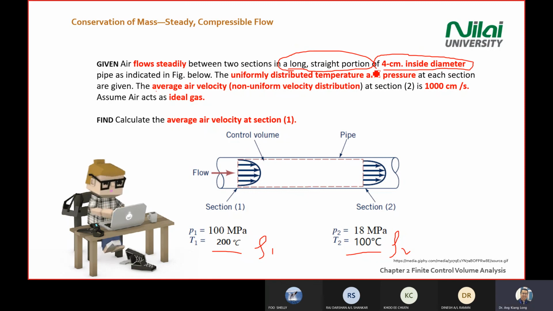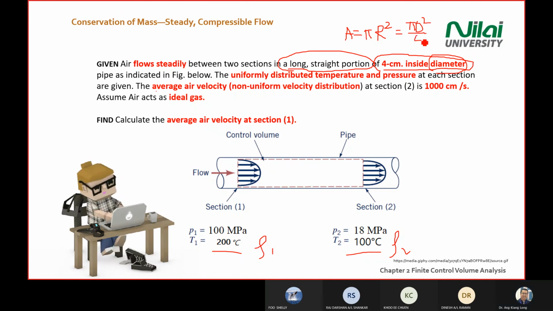So from these two pieces of information that I highlight on the screen here, you can find the area. And again, be careful. The question gives you the diameter. So if you're so used to pi r square, be smart enough to change accordingly. Or you can use the normal one, pi d square over 4. Both give you the same answer.